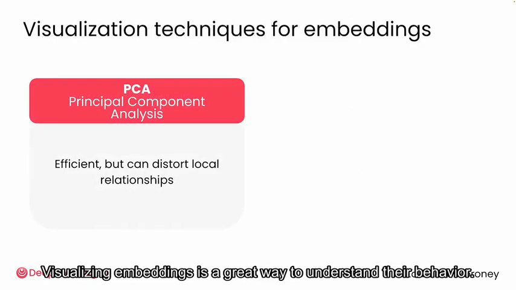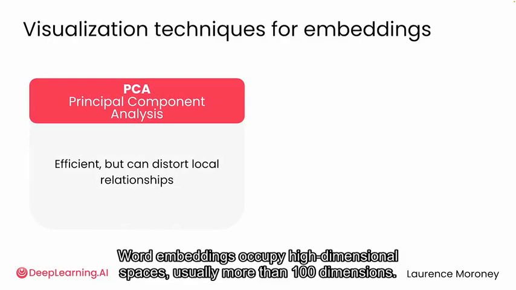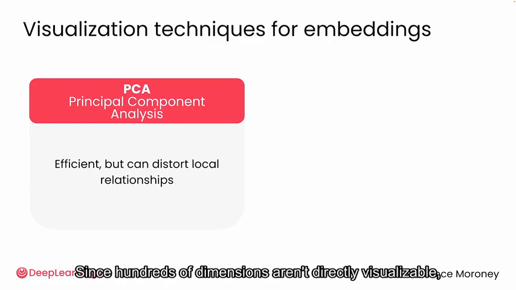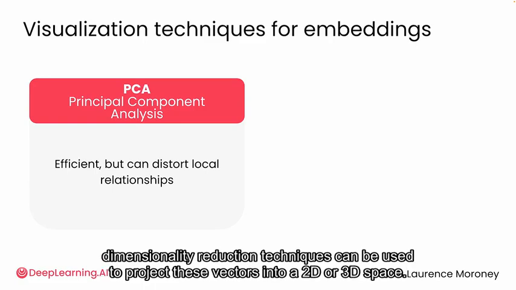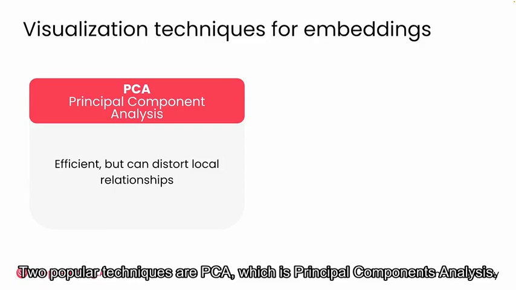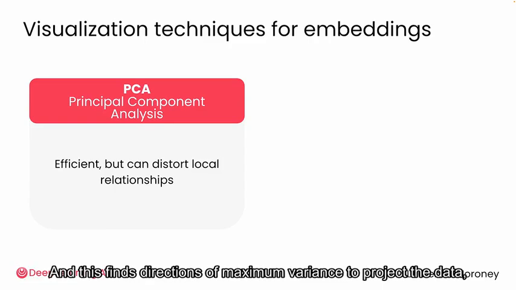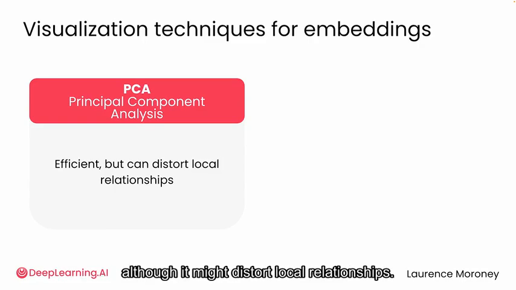Visualizing embeddings is a great way to understand their behavior. Word embeddings occupy high-dimensional spaces, usually more than 100 dimensions. Since hundreds of dimensions aren't directly visualizable, dimensionality reduction techniques can be used to project these vectors into a 2D or 3D space. Two popular techniques are PCA, which is Principal Component Analysis, and this finds directions of maximum variance to project the data, although it might distort local relationships.